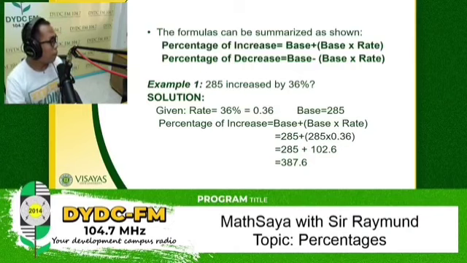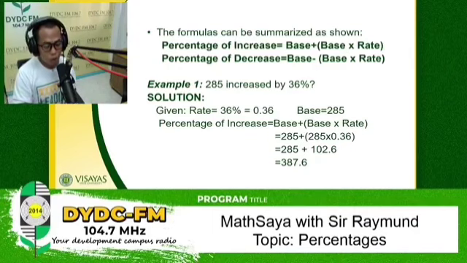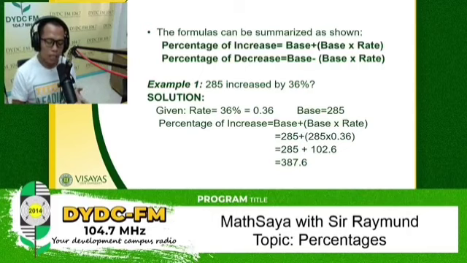Alright? So example, 285 increased by 36%. We are given that the rate is 36%. Convert that to decimal form, that is 0.36. The base is 285. So percent increase, from the word itself, increase. So percentage of increase is equal to base plus the product of your base times rate.